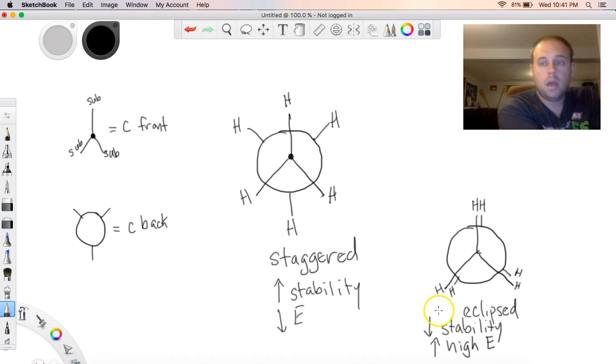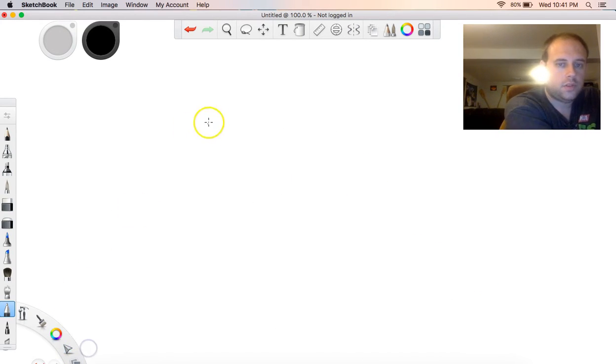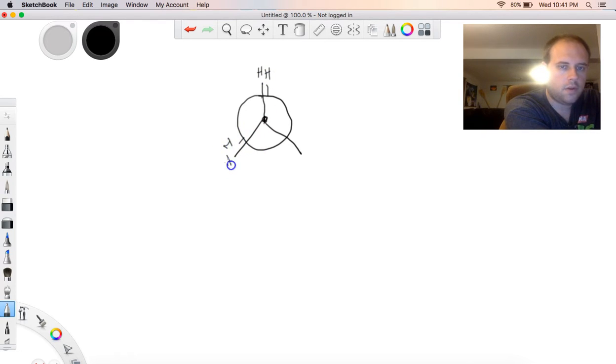Okay? So let's think about why the eclipse is going to be higher in energy. There's really two reasons, okay? And these two reasons, I'm going to clear this off here and we'll take a closer look at the eclipsed so that we can understand what's going on. Right, so these hydrogens are basically, they're starting to overlap and get very close to one another.